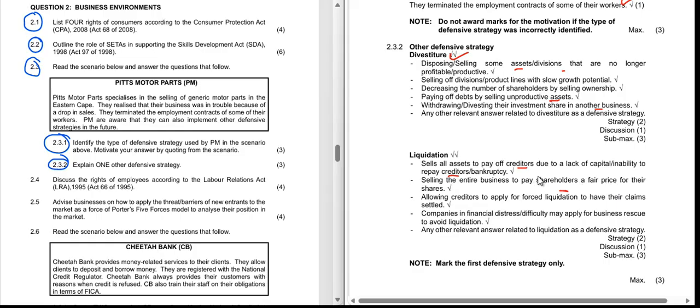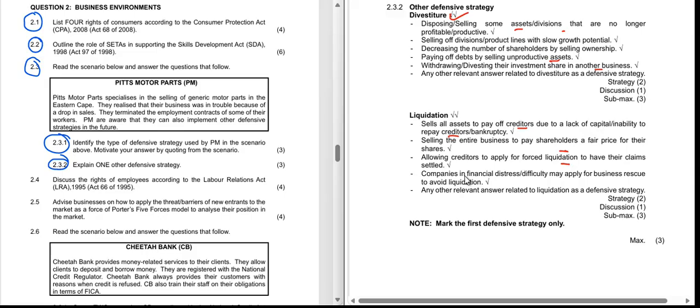So in order to pay all the debts that you have, to pay your creditors, you end up selling everything that you have, your assets, and also to pay the shareholders their fair price. Allowing creditors to apply for forced liquidation to have their claims settled. So this is another one that you can write. They just needed one here, to explain one of these two, and then you get your 3 marks.